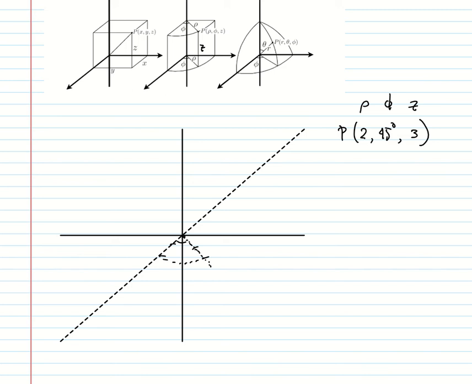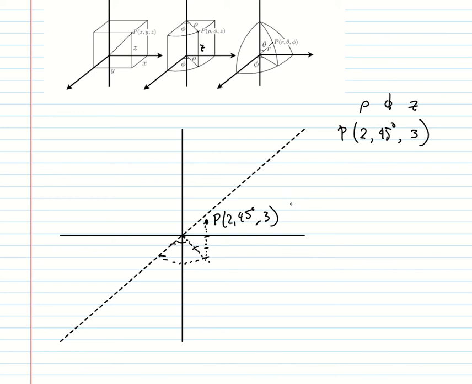Next, we go up because it's positive, by 3 units upward. So 1, 2, and 3. And this is now our point P: 2, 45 degrees, and 3 at the z coordinate. That's how we plot the cylindrical coordinate system.